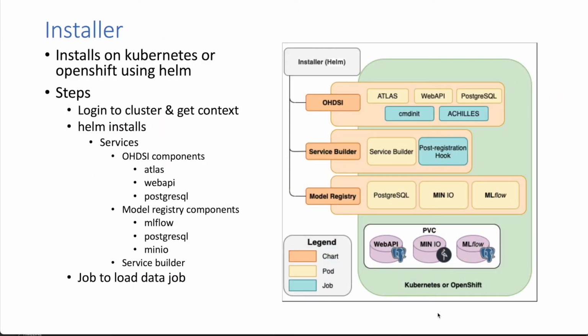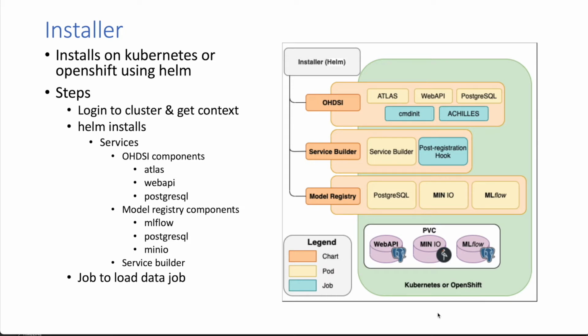For the installation of DPM360, we use Helm charts. We support Kubernetes as well as OpenShift cluster. For installation, we first get the context of the cluster, which may depend on the cloud provider. Then we call a script, which basically calls a couple of Helm charts that take care of installing OHDSI components, Atlas, Web API, database.